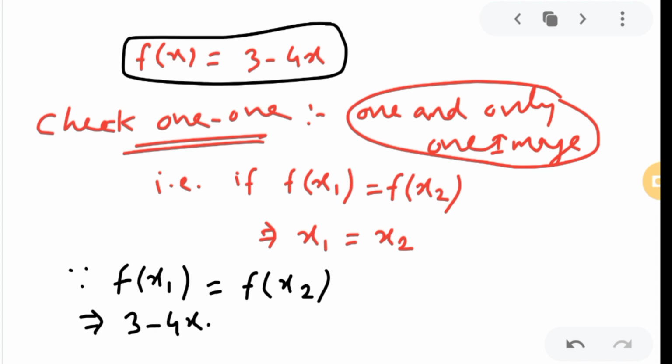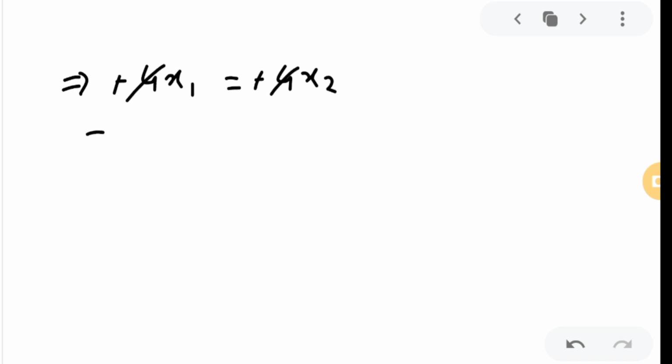Similarly, on the right side, f(x2) will be 3 - 4x2. Correct? And this 3 on both sides will cancel. So now you can write minus 4x1 is equal to minus 4x2. Minus minus cancelled, 4 cancelled. So you can tell that x1 is equal to x2.